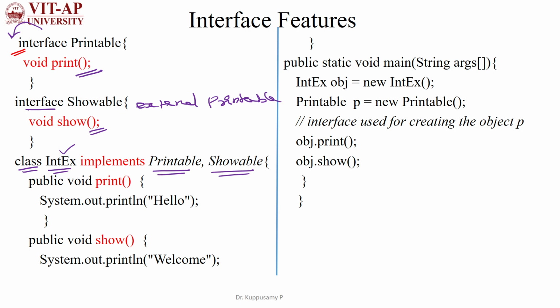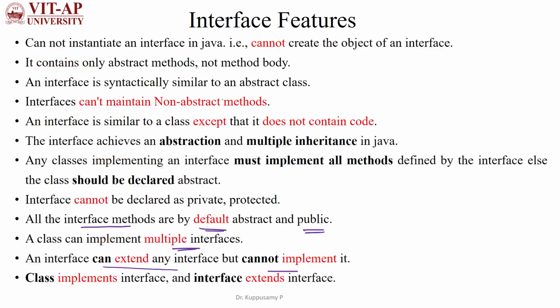But you cannot implement an interface, so here you cannot say implements showable. It is not correct. This one is correct, right? So an interface can extend any interface, but it cannot implement.